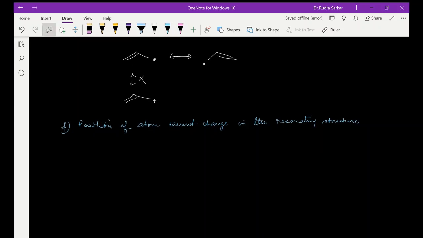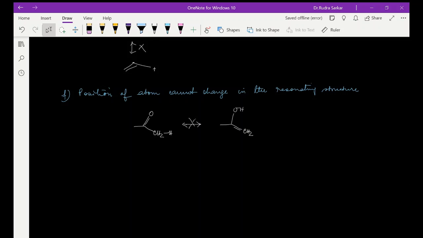Okay, so over here, in other words, we are saying tautomerism is not equal to resonance. So these two structures, as you can see over here, one which is a ketone and the other one is an enol, these two, they can be tautomers, but they cannot be resonating structures, because as you can see, the position of the hydrogen has changed.